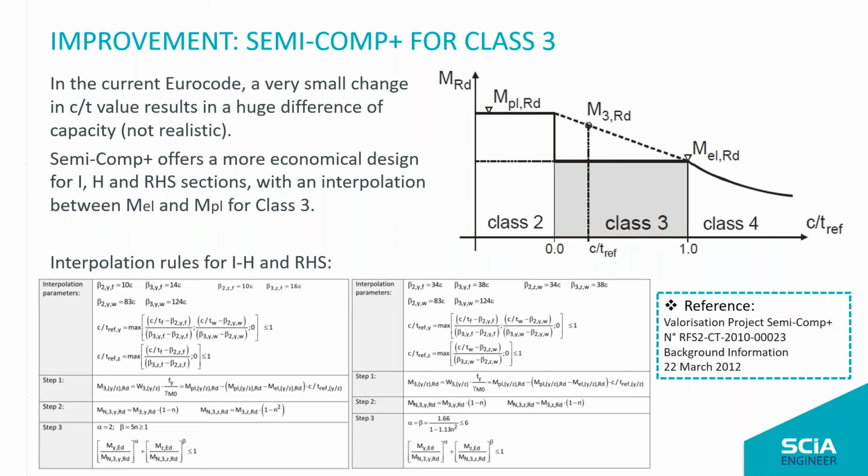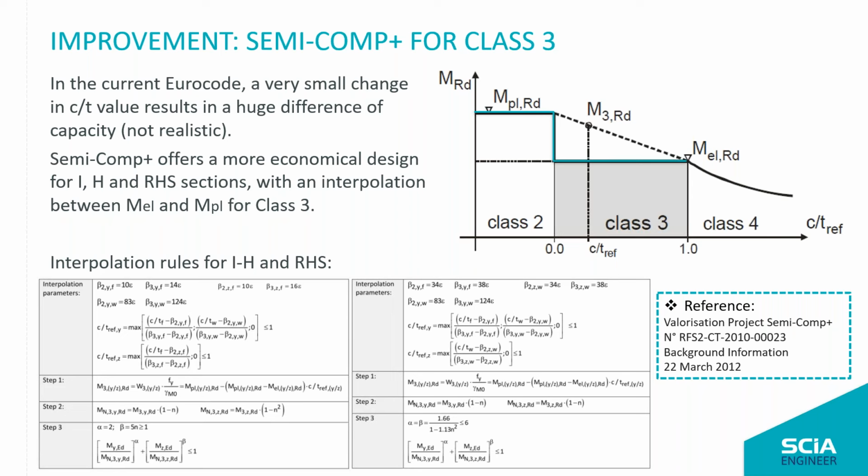When you look at the diagram of the moment resistance that you can use compared to the class of your section, we notice some behavior that's not really feeling natural. Like if you see for a certain C over T value, if you just fall under class 2, you can use the plastic resistance.